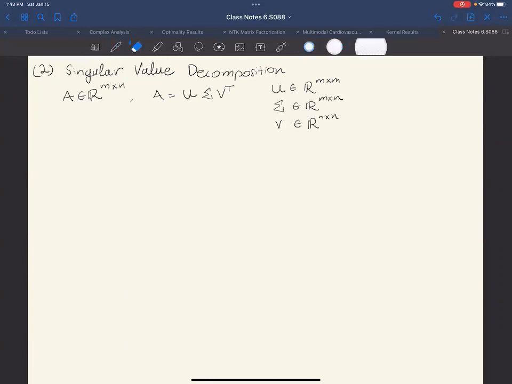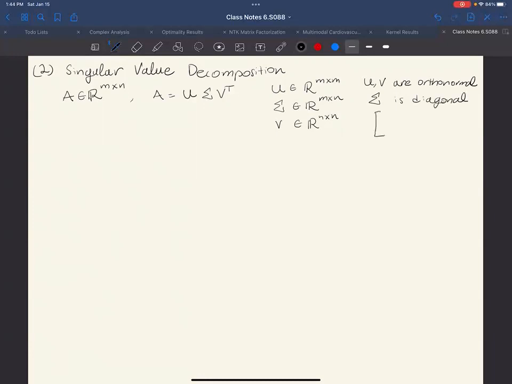Okay. So what's special about the 3 matrices U, sigma, and V? U and V are orthonormal matrices, and then sigma is diagonal. And what do I mean by diagonal? It's a rectangular matrix. Well, let me just go over this.